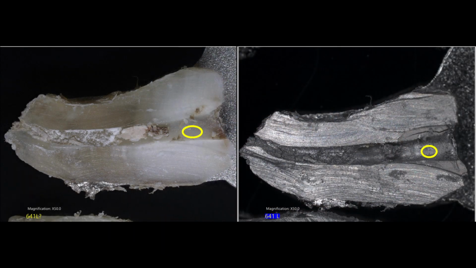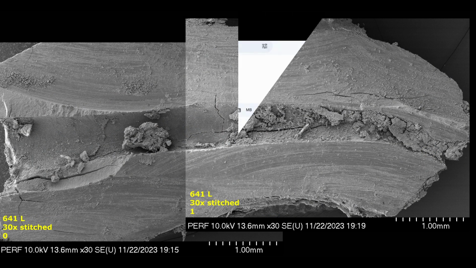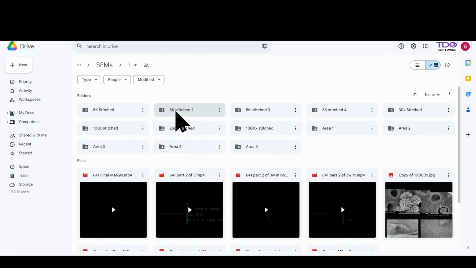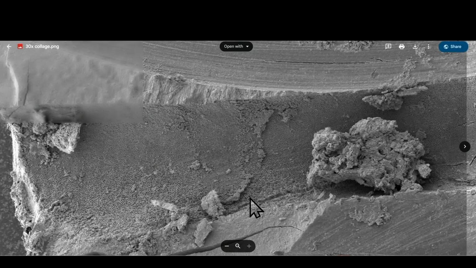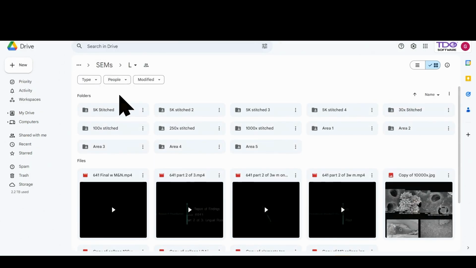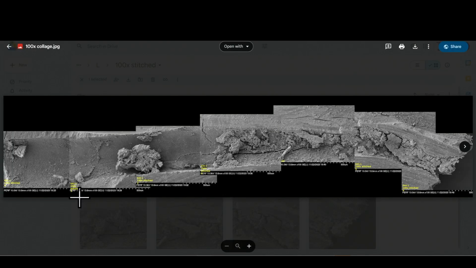This is Reed's case 641, looking in an area where you don't have a lot of the sectioning debris. When you go into the stitched images on the lingual canal, and you start at the 30x stitched images, it appears like the mineralization front is covered by a layer of cells in certain areas.